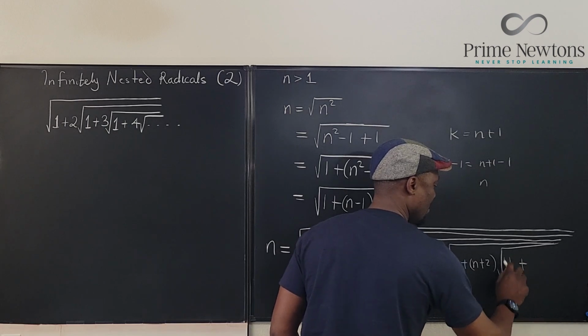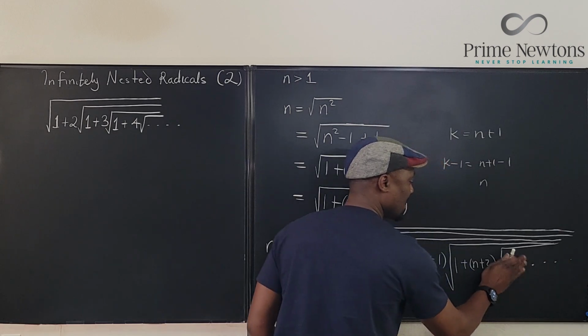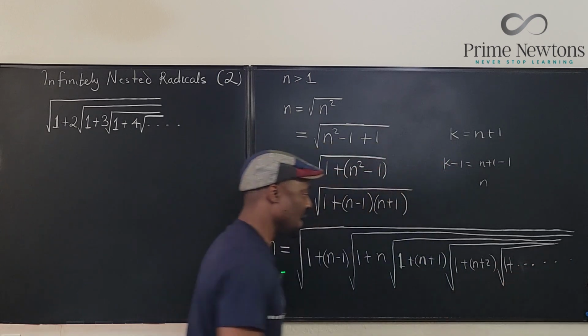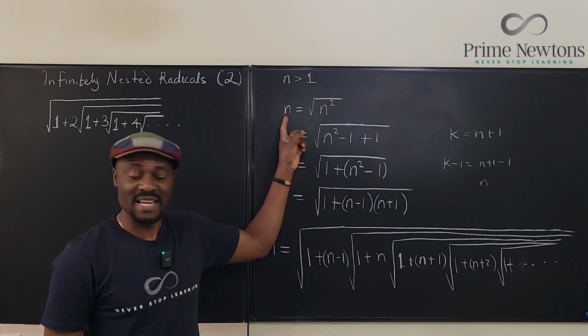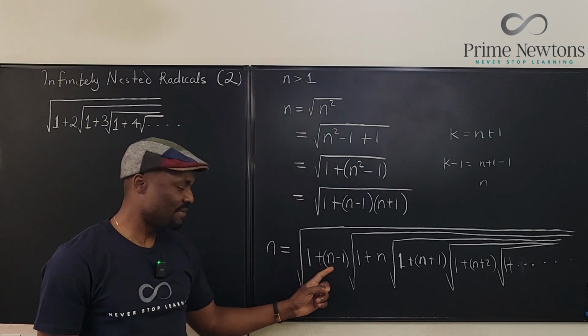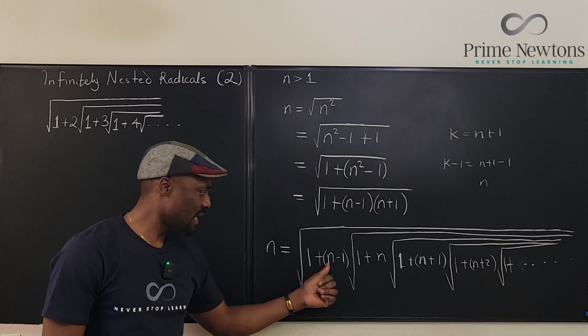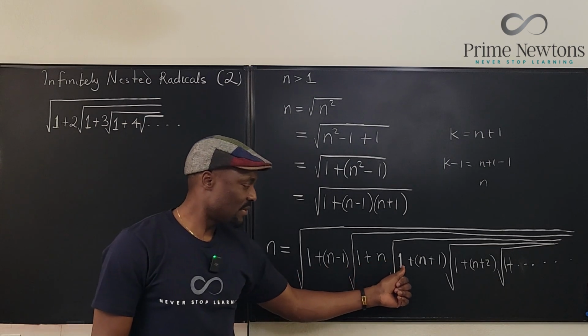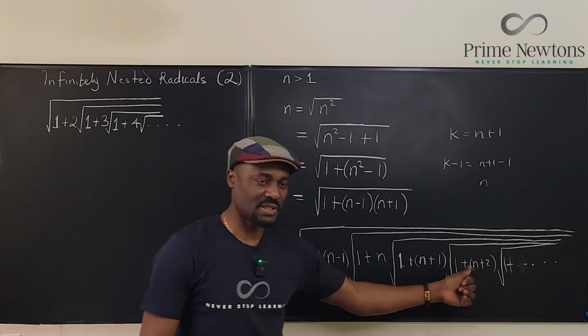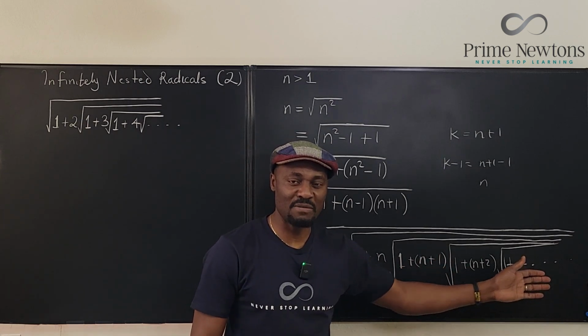Okay, this is what this will be. It is still the same n, but it's coming in a different form. Look, 1 plus n minus 1, 1 plus n, 1 plus n plus 1, 1 plus n plus 2, and it goes on forever.